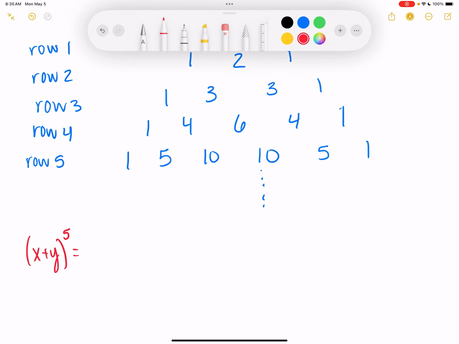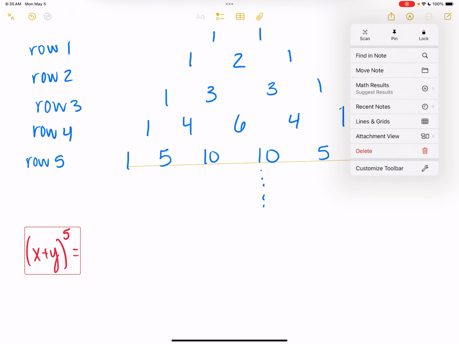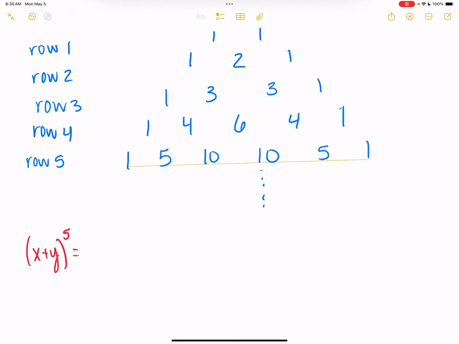So the first number is 1, but we don't need to write a 1, obviously it's understood.